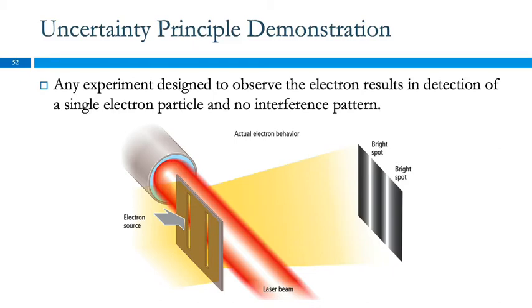Take away the laser and the diffraction pattern comes back. Put the laser on, two lines. How does the electron know we're looking at it? It doesn't, but this is just disturbing.